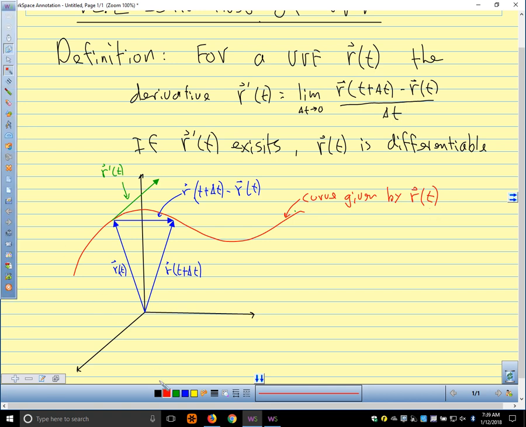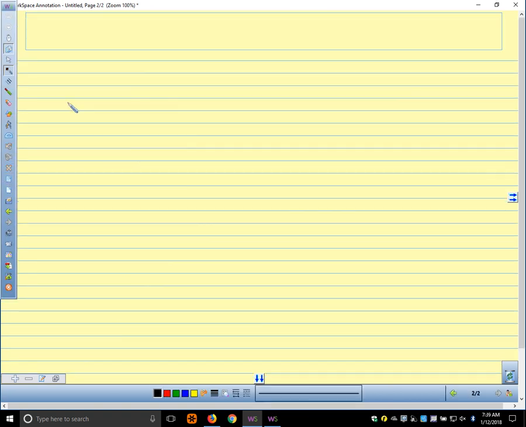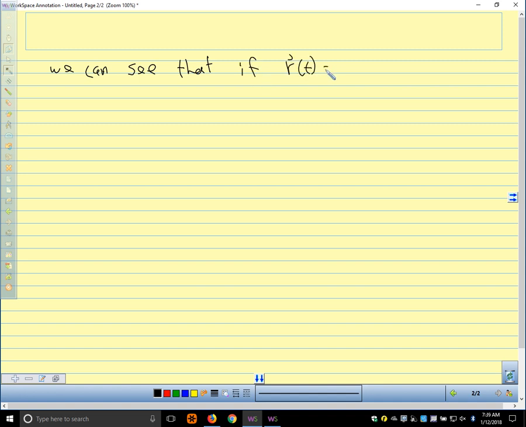So we can see that if r of t is f of t i hat plus g of t j hat plus h of t k hat, we write our vector as a sum of components.